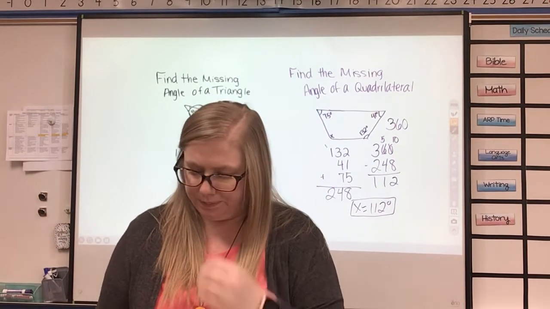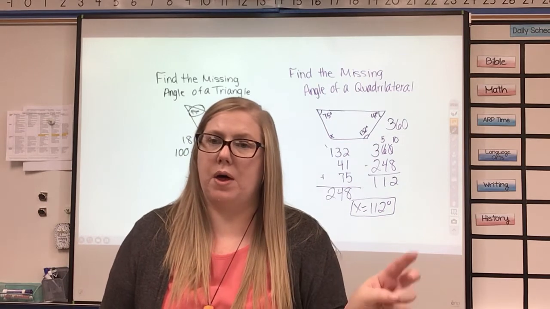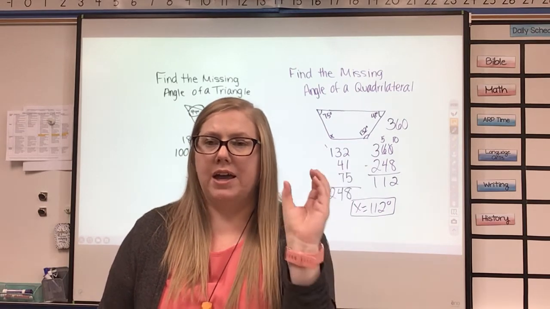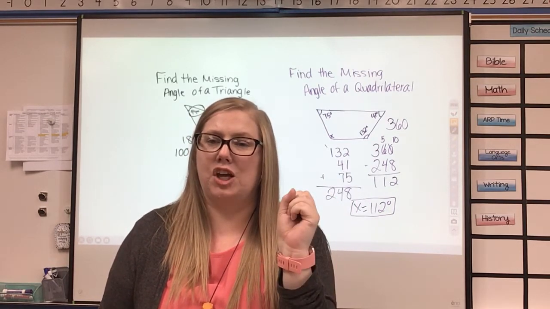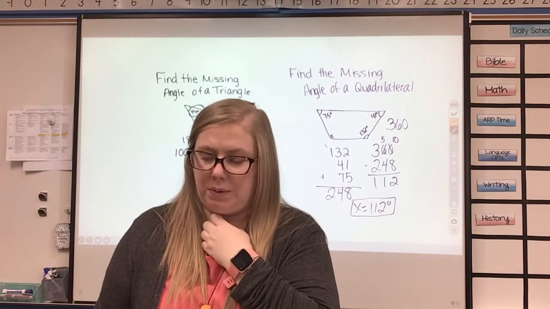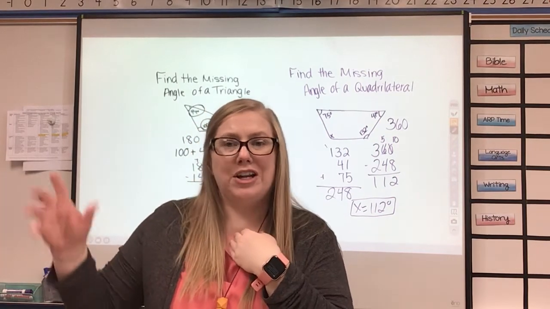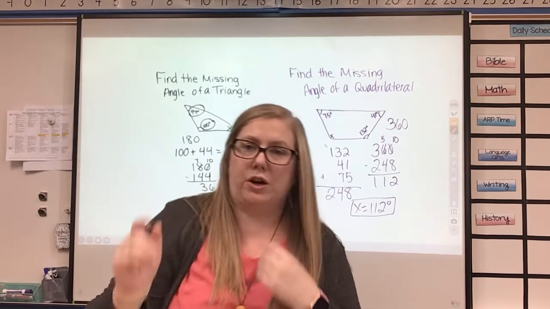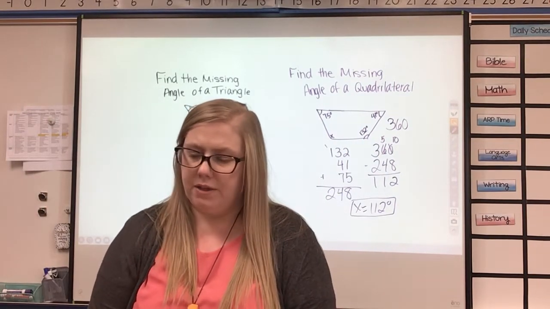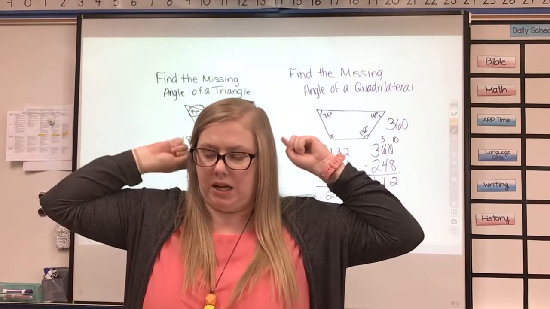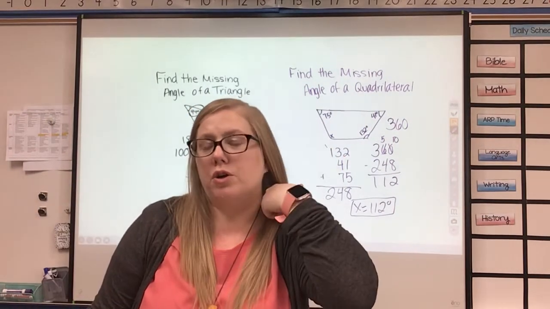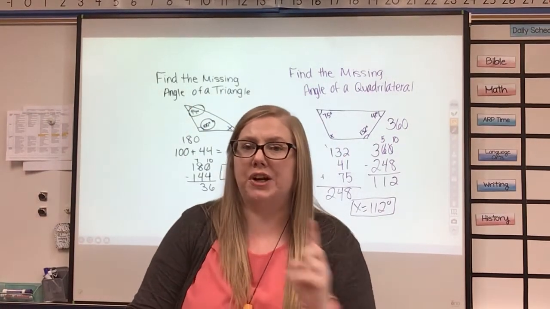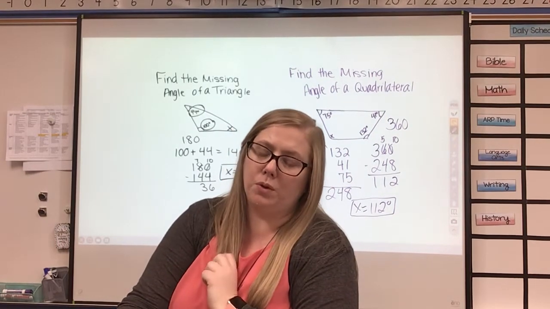Page 12 is they give you the angle measurements, and then you need to tell me what it is. So they may say 30, 60, 90, and you would tell me that it is a right triangle, okay? And then for 13, it is finding the missing length. Make sure that you show your work. No matter how much you can do this in your head, you need to show your work.